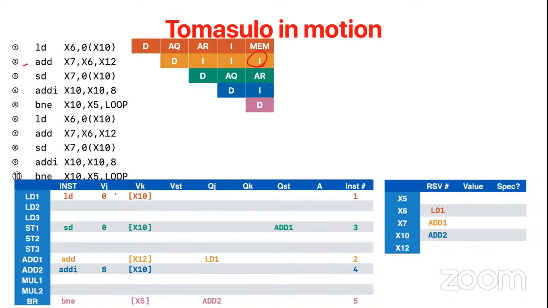And for the add immediate instruction here, it's now finishing its dispatching stage, because we have a second reservation station available for the add instruction, and the issue stage right now is just waiting to check if all the inputs are available at this moment.